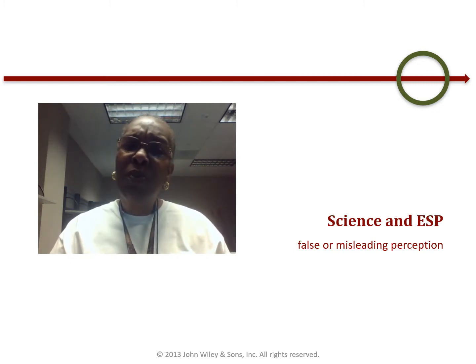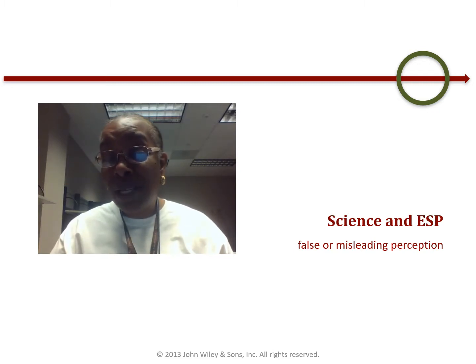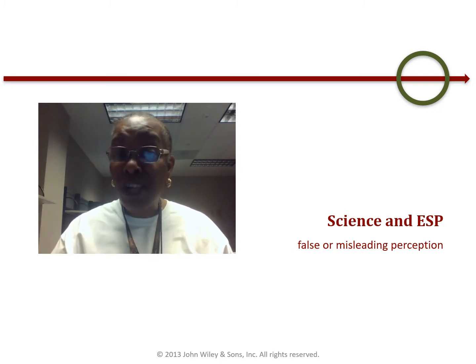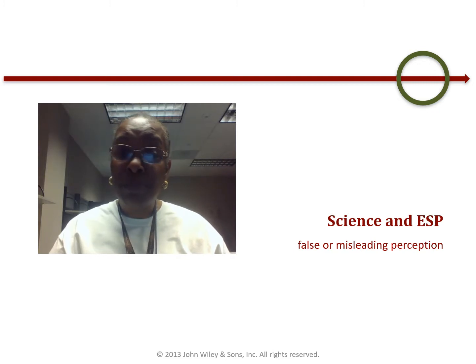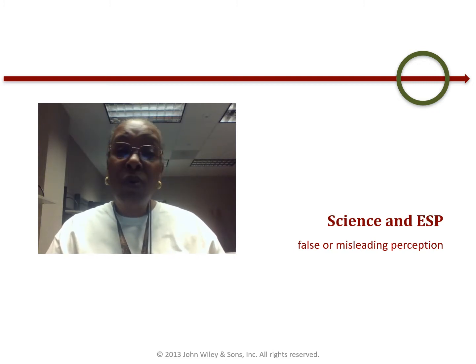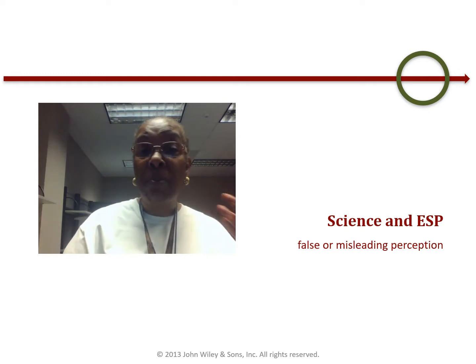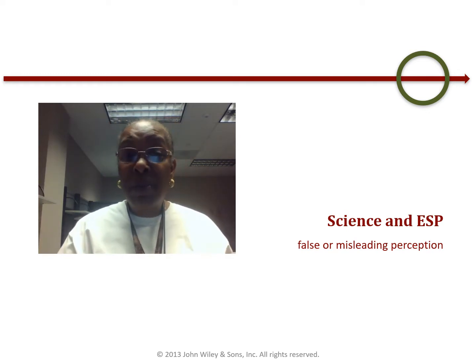Can some people perceive things that cannot be perceived with the usual sensory channels? By using extrasensory perception, and that's what ESP stands for, extrasensory perception. There are people who claim to have ESP, and they profess to be able to read other people's minds, which is telepathy.